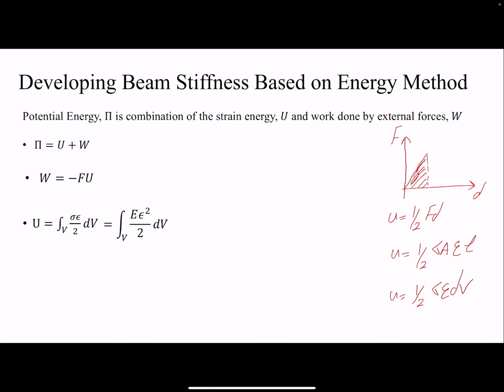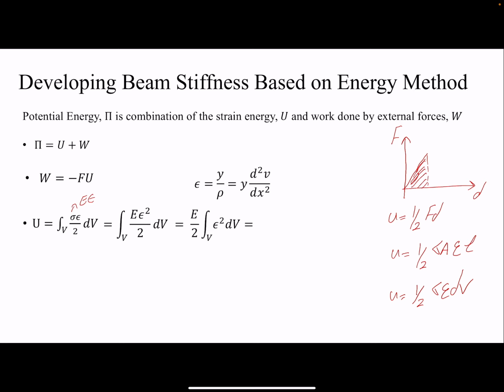Based on Hooke's law, sigma is equal to E epsilon. If I replace that, I get E epsilon squared over 2. And if my material property is not changing in length, which is the case for most problems, I can take it out of the integral. So I need to find epsilon.